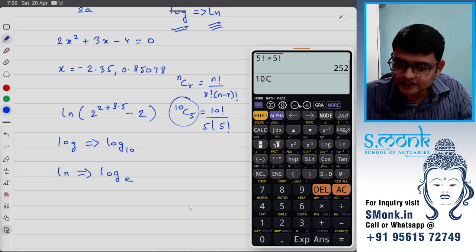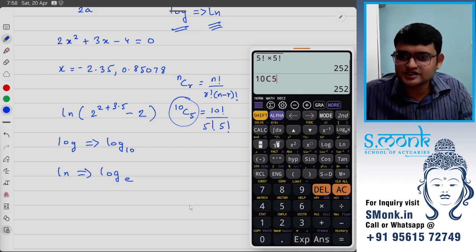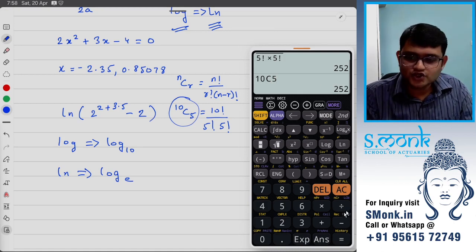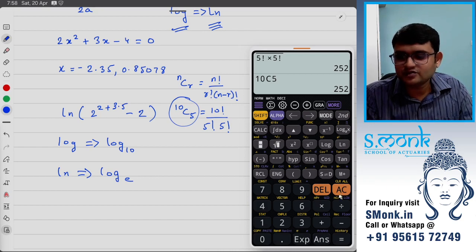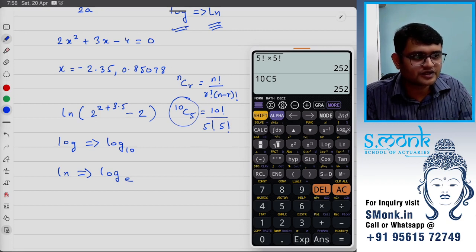I get a C, and then press 5. So that is 10C5, and you can see we have the same answer as 252. So you can use combinations and permutations, that is also a functionality directly given on our calculator.